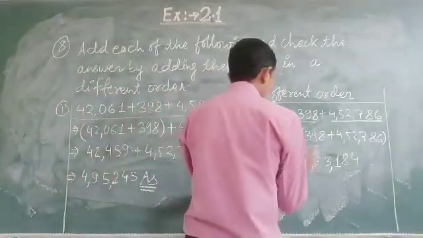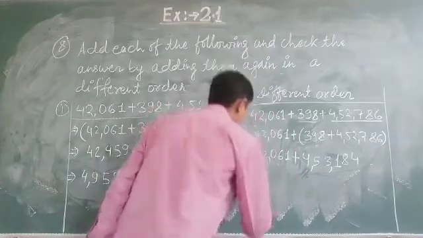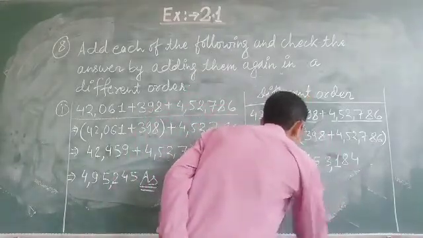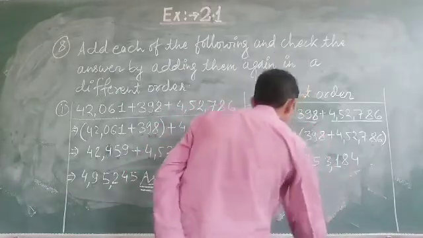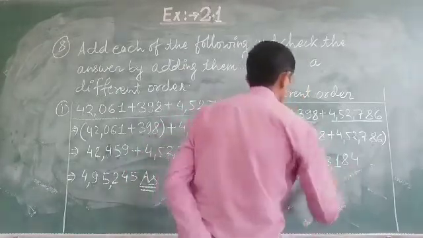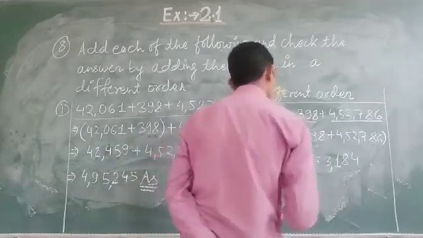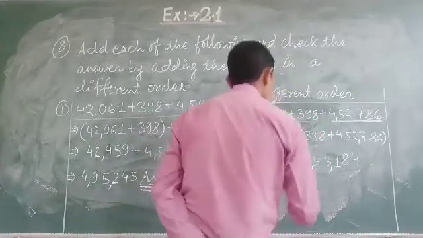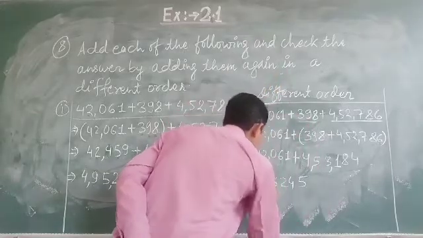Now add these two, 42,061, and we get the answer: 4 plus 1, 5, and 8 plus 6, 14. 1 is carried, 1 plus 1, 2, then 3 plus 2, 5, 5 plus 4, 9, and 4.